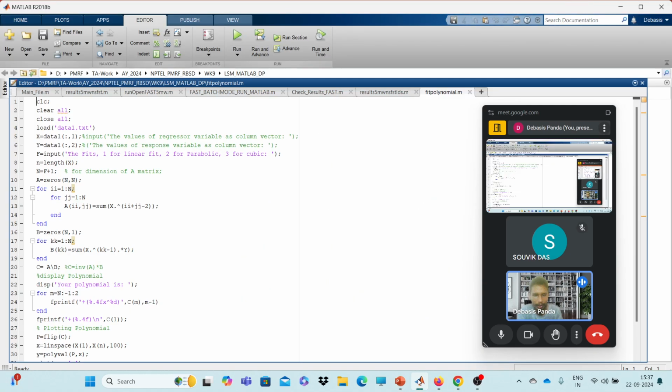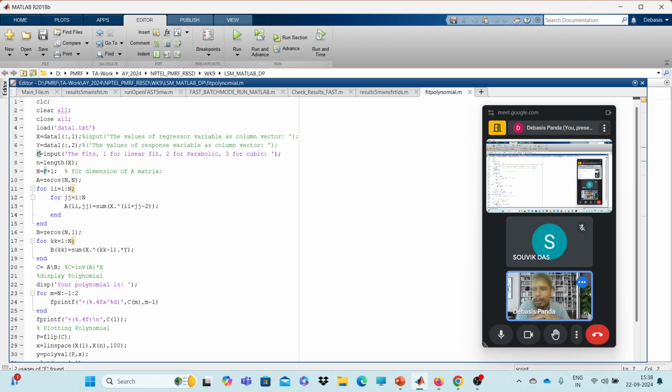First, we need to have the x data, that means you need to load your x observation points and y data. So these are the input files. Here I have used one function which controls the degree of the polynomial you wish to fit.